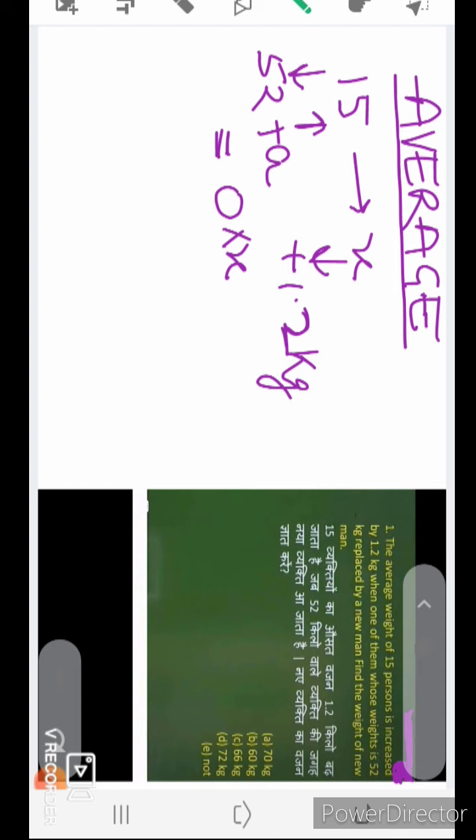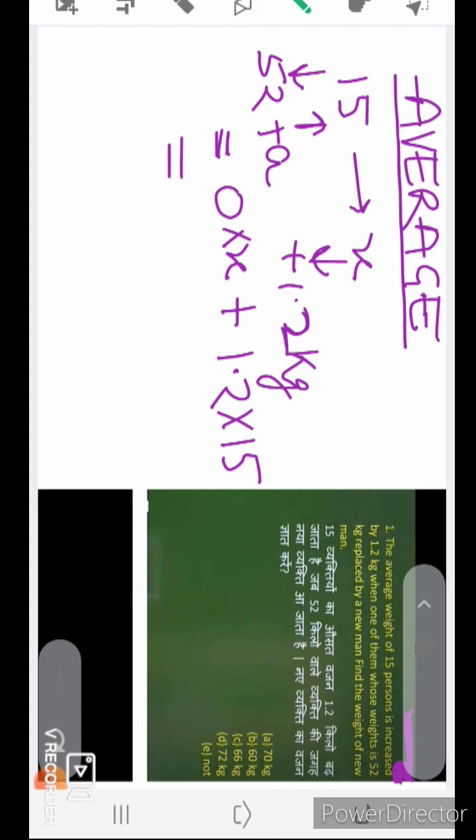Here the average is increasing, so let the sign be plus. Now cross multiply 1.2 with 15. Do we have to add the number of persons or not? In one exclusion and one inclusion we are not going to add any person, so the number is 15 itself.